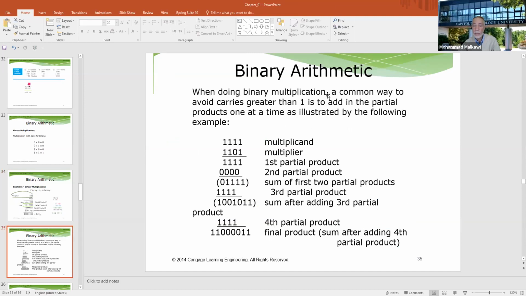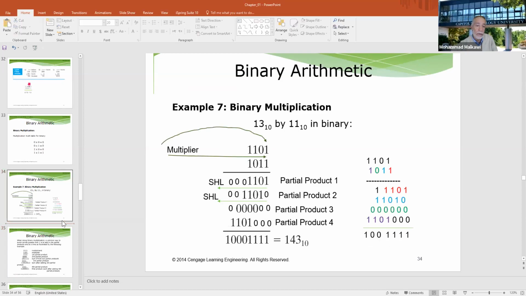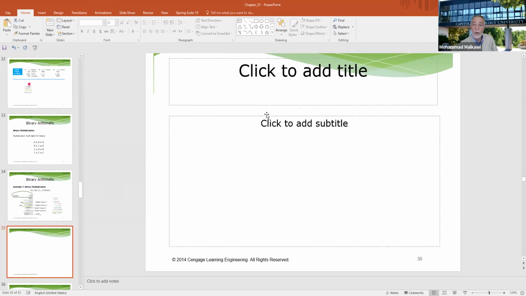When doing binary multiplication, a common way to avoid carries greater than 1, because sometimes you have a carry. If you have, let's say, four partial products, then you expect in the extreme case here, let me do an extreme case of the multiplication.